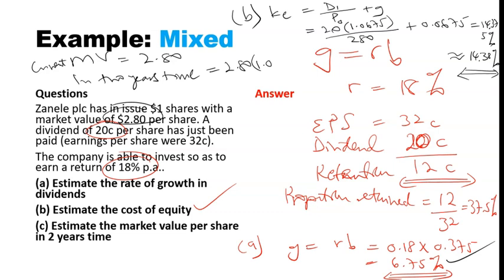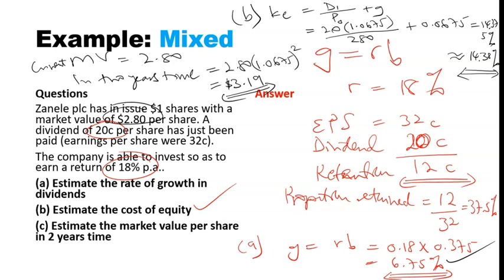The g was 0.0675 to the power 2, because it's in 2 years, and this comes to $3.19. That's an issue of compounding.